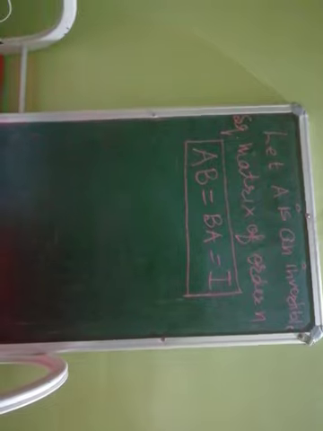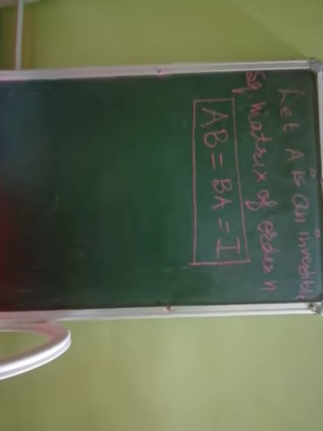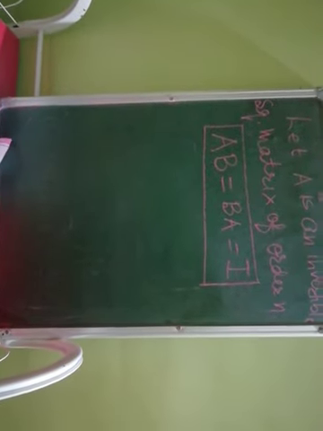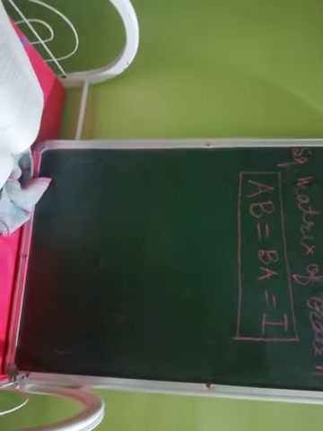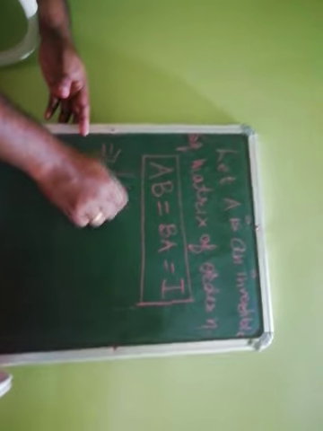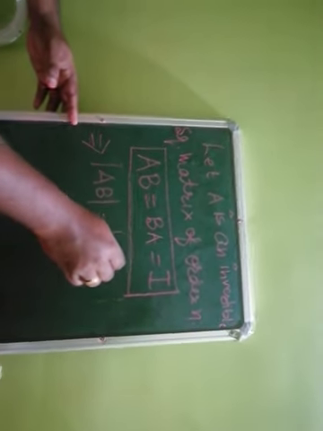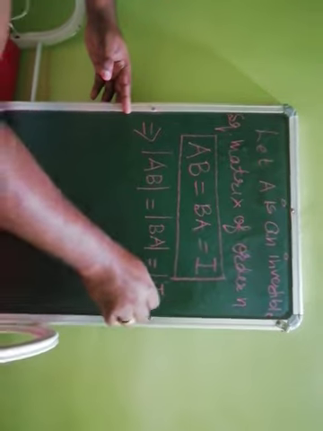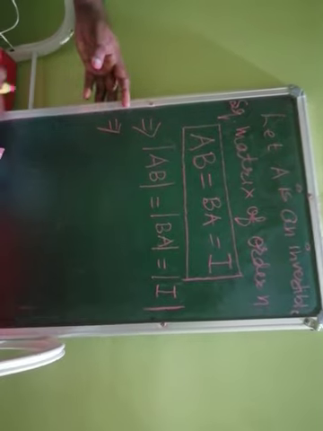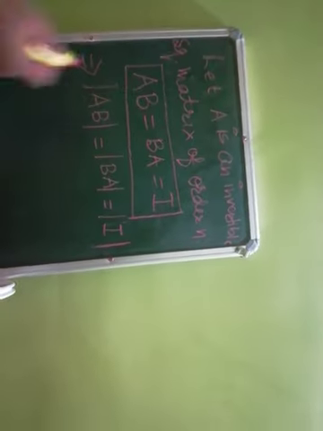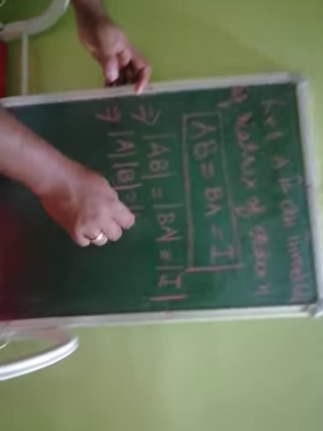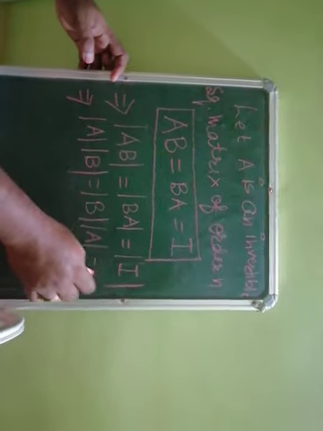So now the question is, what will be the criteria for, or when can we say that A is invertible? It is a minimum condition. So if I write the determinant, determinant of AB is equal to determinant of BA, which is determinant of I. Now again use the previous results. In every step we are using the previous results. This can be determinant of A into determinant of B, or determinant of B into determinant of A. This is 1.